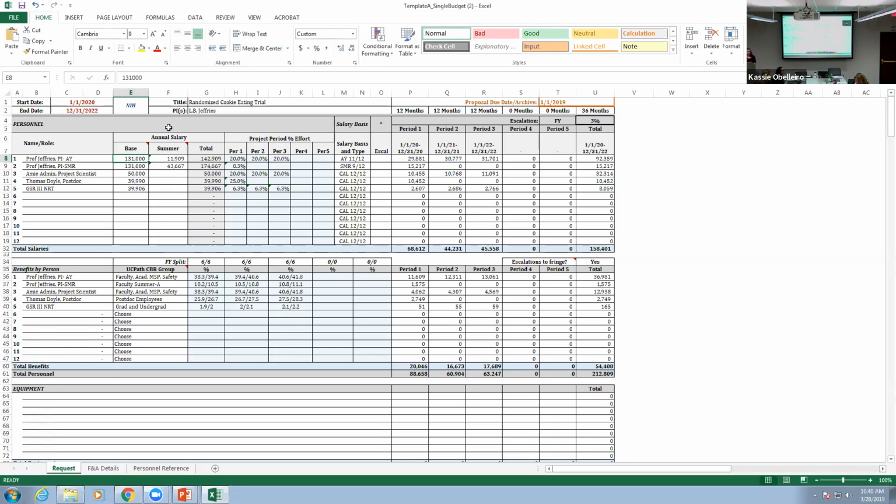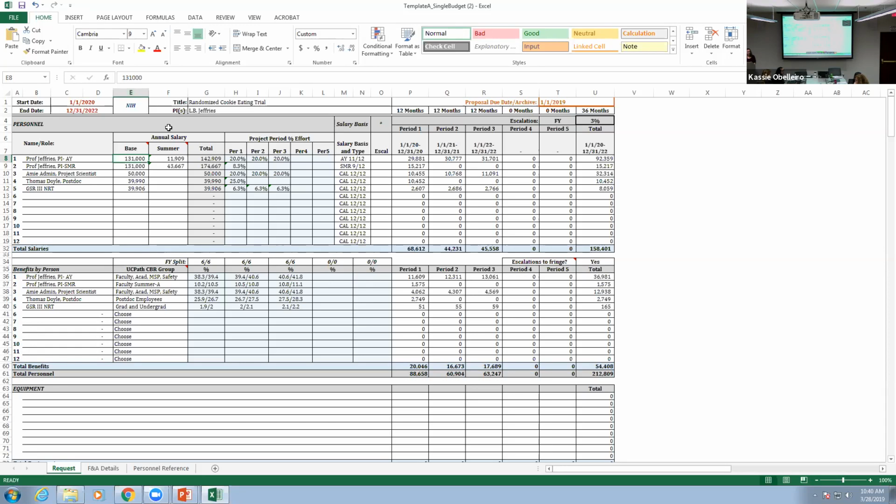But if you have someone with a 9-month appointment, to annualize their salary, you have to see how much they would earn if they got paid 12 months. Their 9 months is their academic appointment.